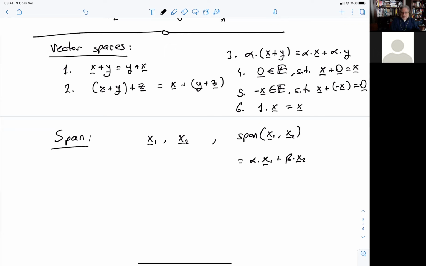And here the dimensionality will be important. What is the dimension of this span?